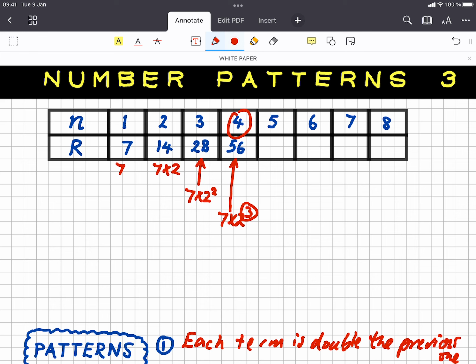So we would expect, for example, term number 100 to be 7 times 2 to the power of 99. And generally speaking, we would expect the nth term to be 7 times 2 to the power of n minus 1.